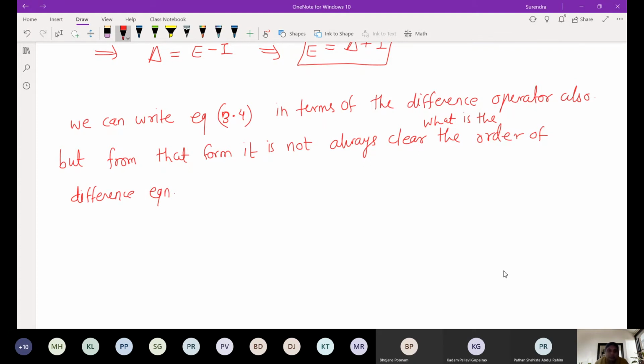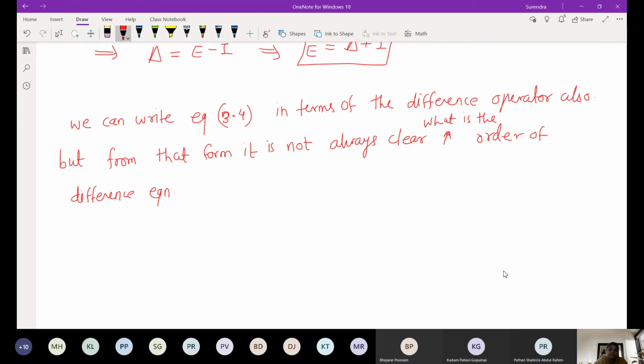We cannot tell directly what is the order of that difference equation.